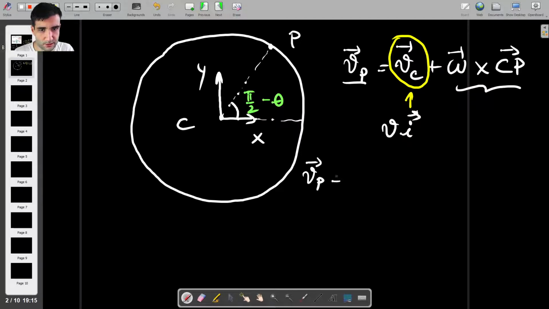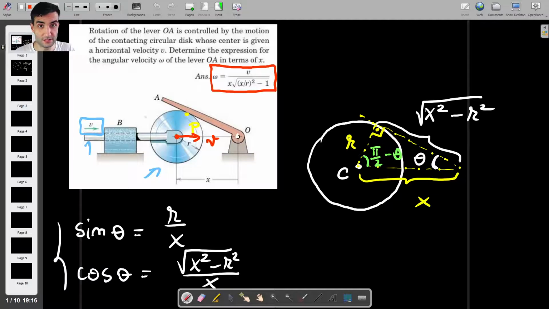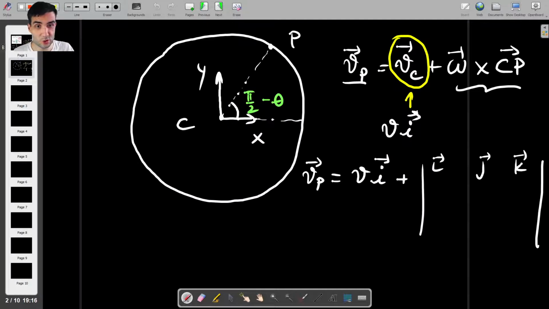So let's rewrite this as follows. We've got VP equals V i plus, and then we've got our determinant, i, j, k, and then omega. This omega is not the omega that we're asked to find, right? This omega is actually the angular velocity of the disk, which let's call omega 0, just to dispel any confusion.